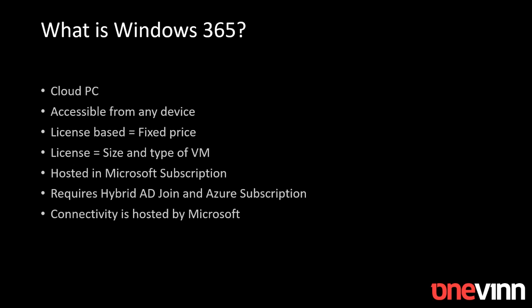So if you want to resize it, you need another license with another hardware SKU, basically. We will look more into that as well. It's hosted in the Microsoft subscription, so we never see the virtual machine anywhere in Azure, as it's totally hosted in the Microsoft subscription.